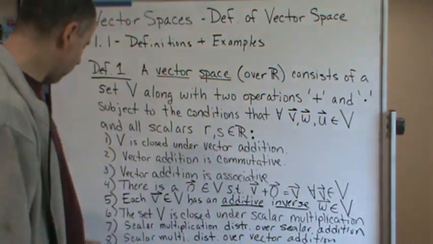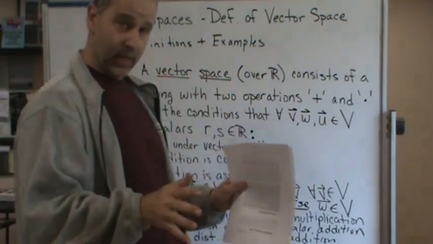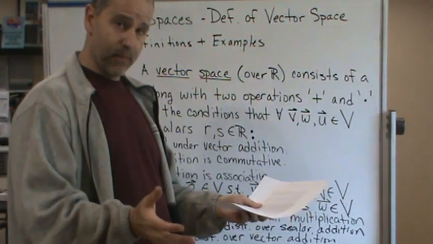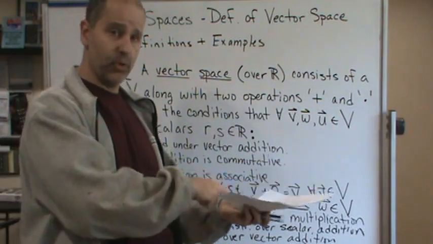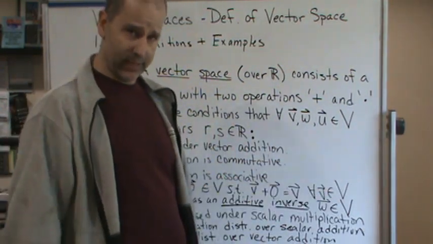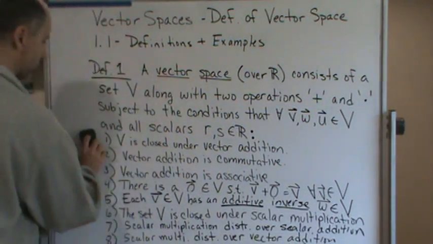And then likewise, 8 says scalar multiplication distributes over vector addition. So if you're adding two vectors and you're multiplying that sum by a scalar, you can distribute the scalar over the addition. Okay? Now, 9 and 10.